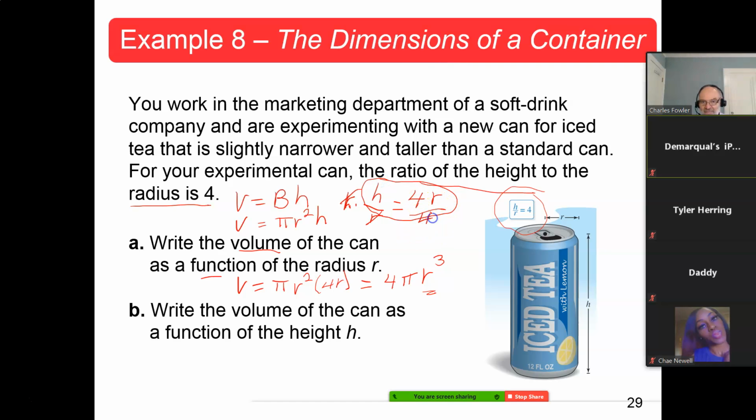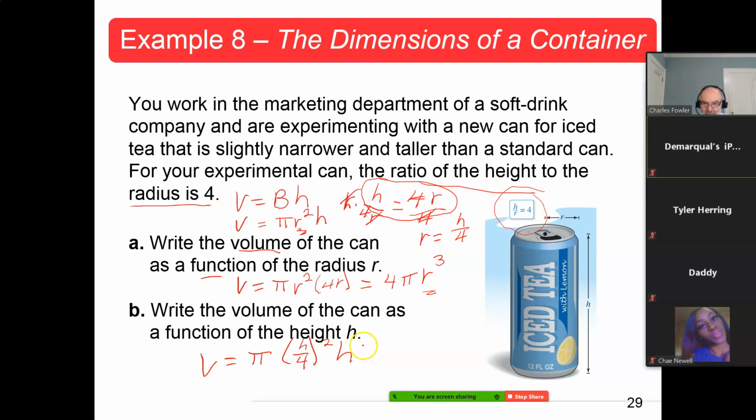To do that, we divide both sides by 4, and that wipes out this, and this gives us r is equal to h over 4. Now we take this and put it in instead of r, and you get V is equal to pi, and for this r we put h over 4, but we're going to square that and then multiply it by h. And h is fine because we want it in terms of h.